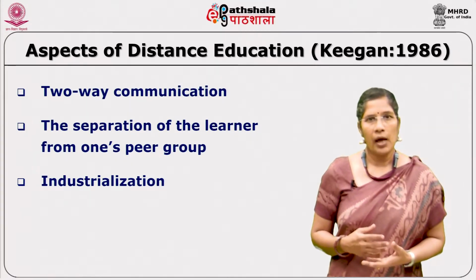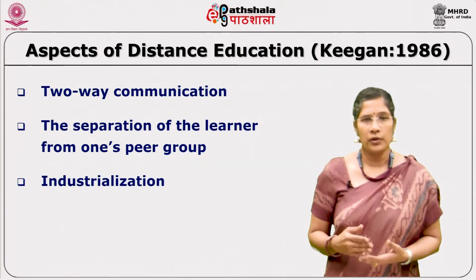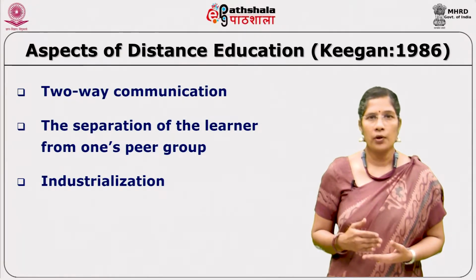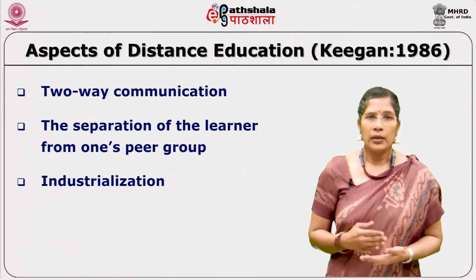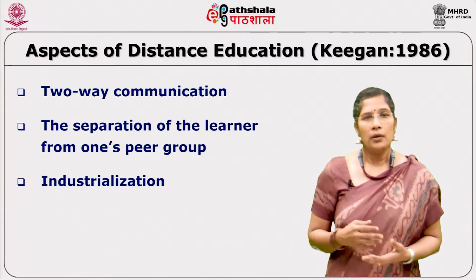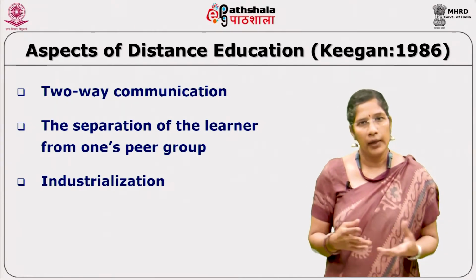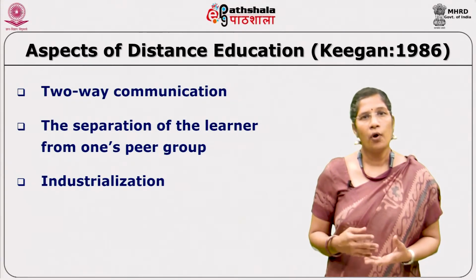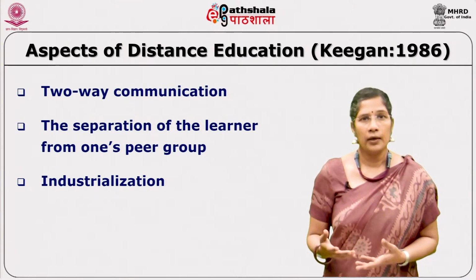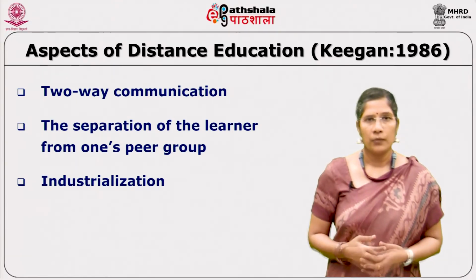We have seen that in distance mode, the students are separated from the teacher, but they face one more separation as a student. They are separated even from their fellow learners. The learners would be geographically spread over a big area, and thus they would not even know who the other fellow learners are, where they are staying, or what their purpose is for getting enrolled in the particular program.